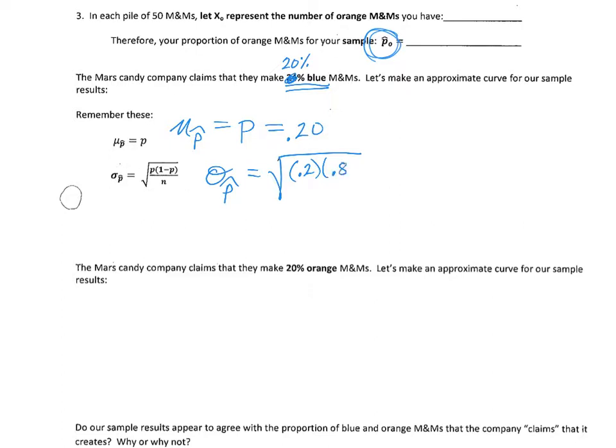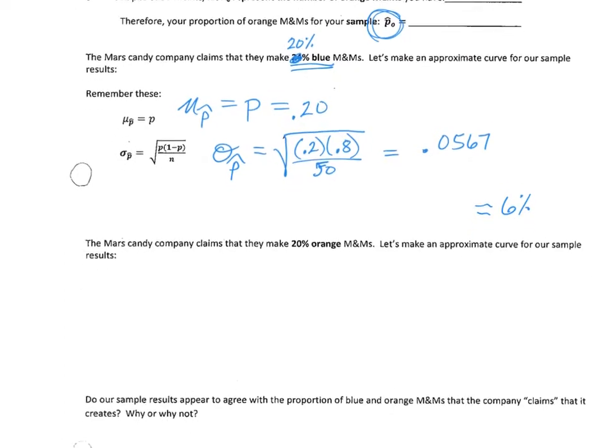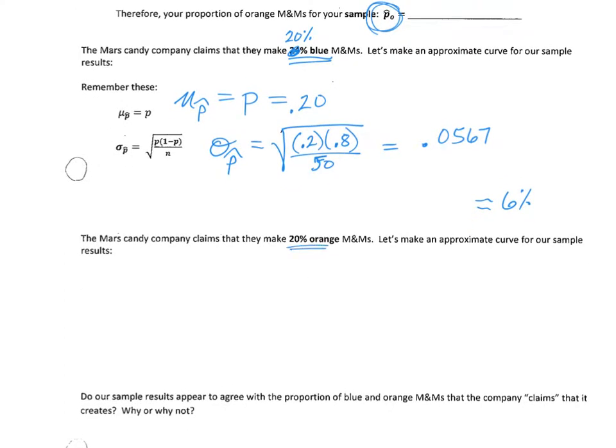And what's the size of our samples that we took? 50. So that number computes to be 0.0567. Because I needed to make it simple on the charts that we looked at earlier, I rounded that to about a 6% standard deviation, so that my lines could be nice and simple. And since orange is also 20%, its numbers will be the same.